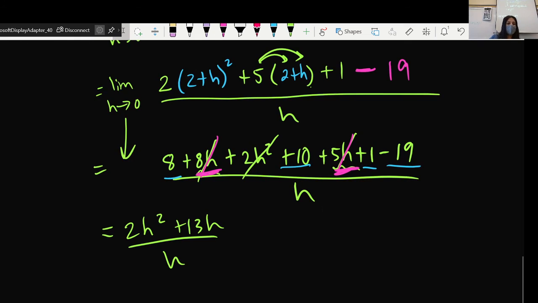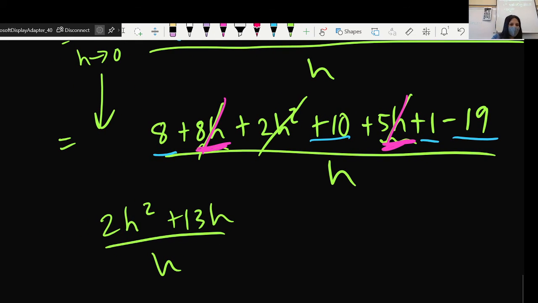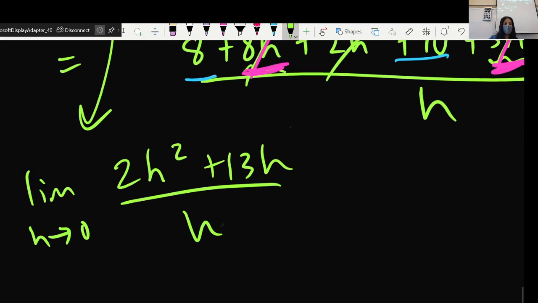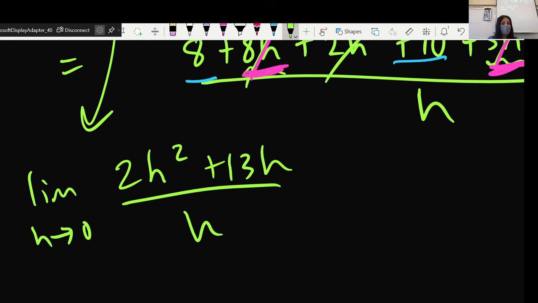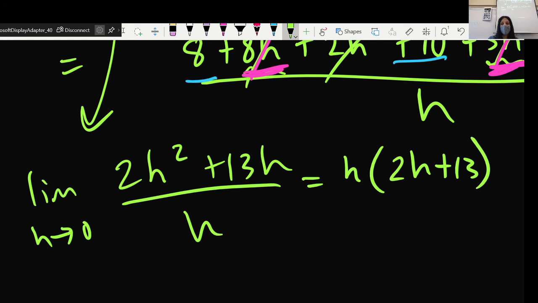It is actually the limit as h approaches 0, so I will rewrite it now. We know that there's a problem if there's an h at the bottom, but the good news is you can also see at the top, we can factor out an h. So I have 2h plus 13, and then my h's cancel here. Those are gone.